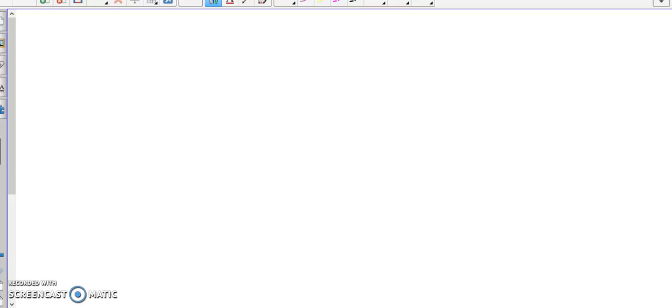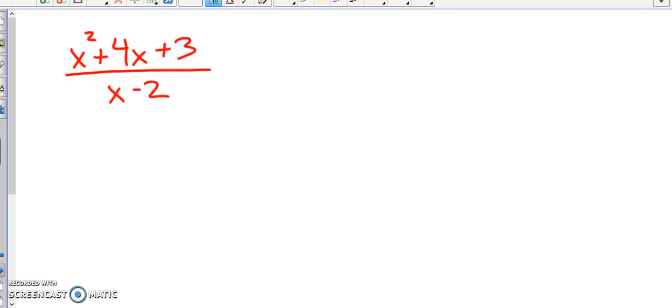Here's one that's a little bit more complicated. x squared plus 4x plus 3 over x minus 2 over 2x plus 6.